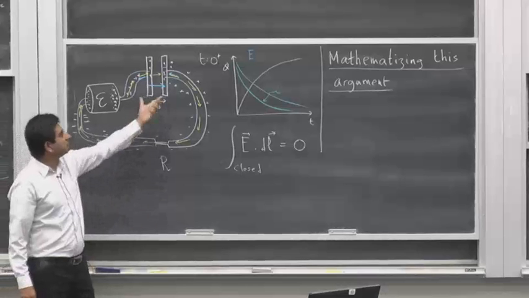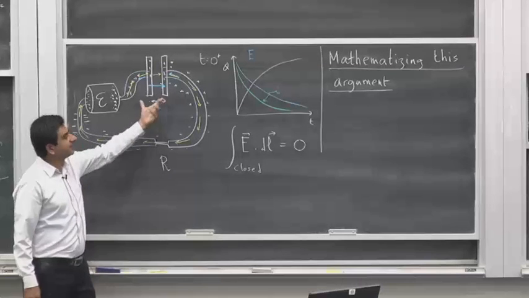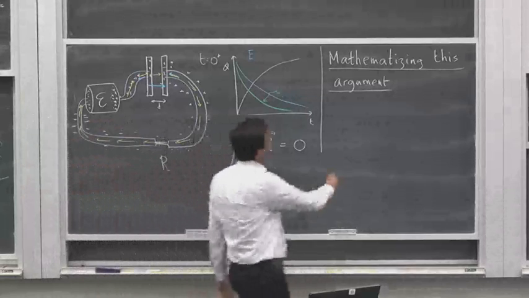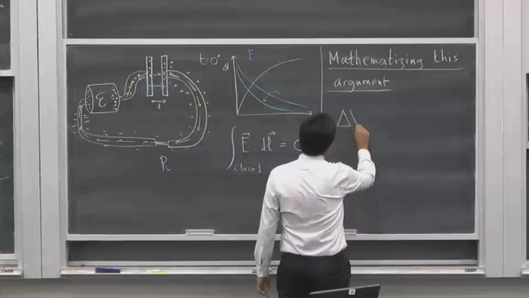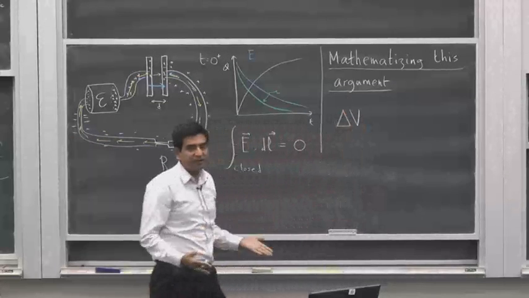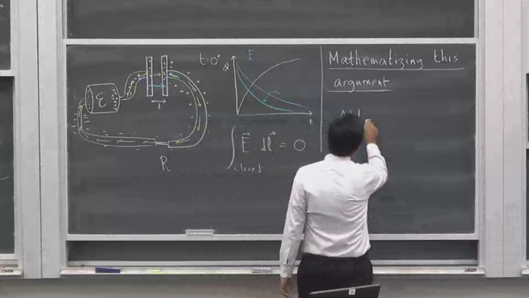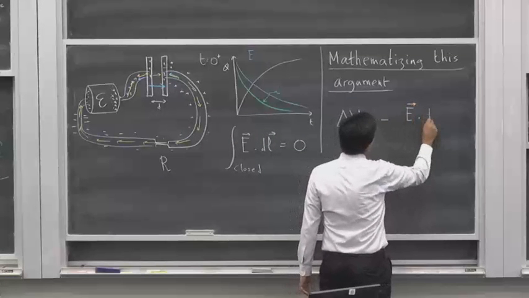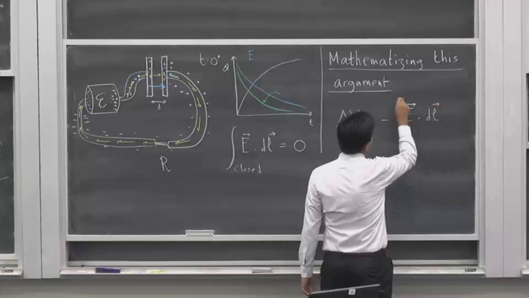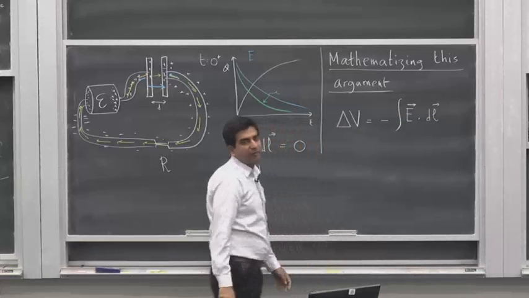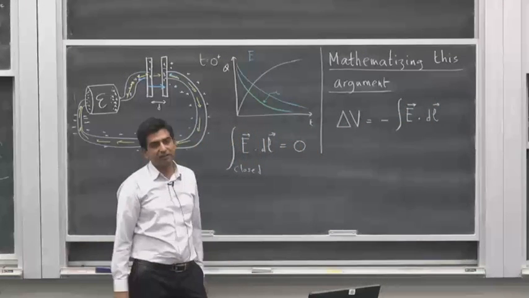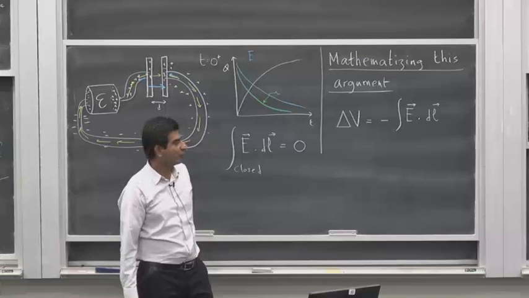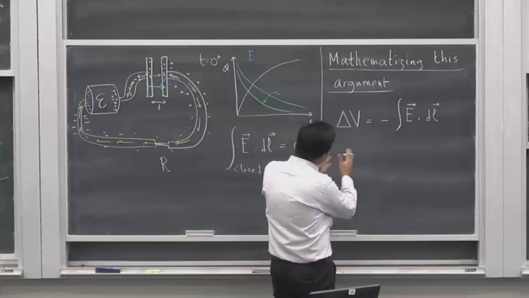Now this represents another voltage drop because there is an electric field. We've already learned that inside a capacitor, or two parallel plates, there is a change in potential. That change in potential is given by minus E dotted with dL, the negative of the work done by the internal forces, which are the electric forces here. Okay? So there is a change in the potential.